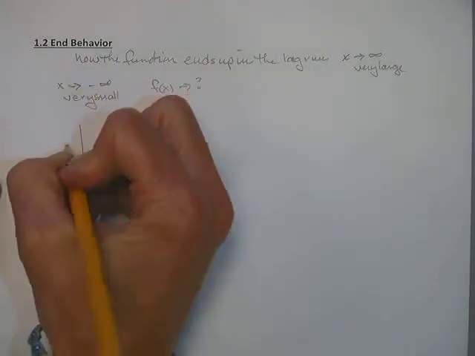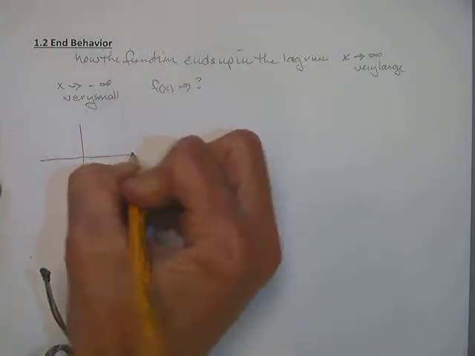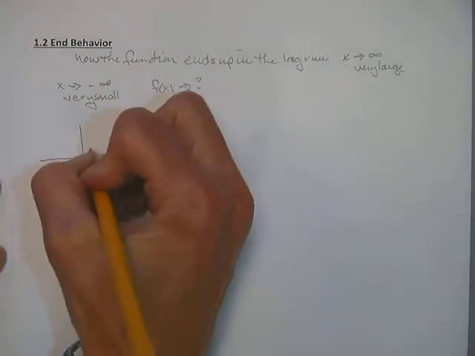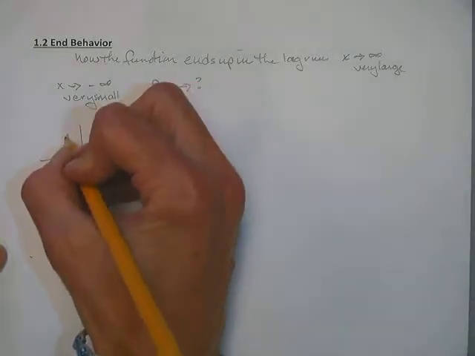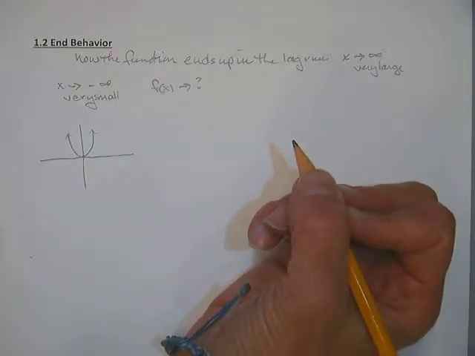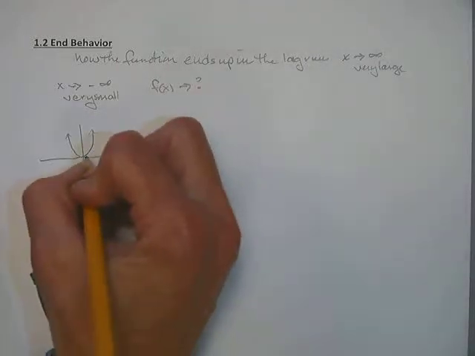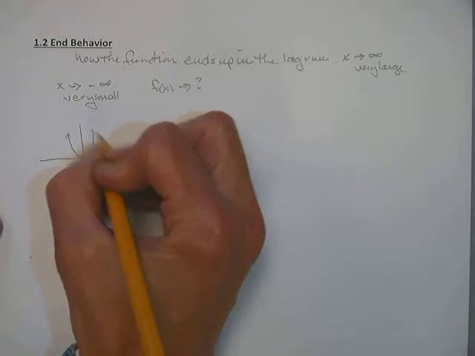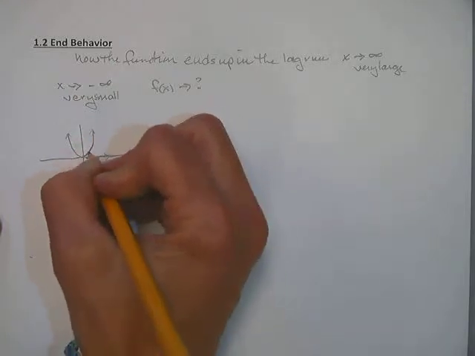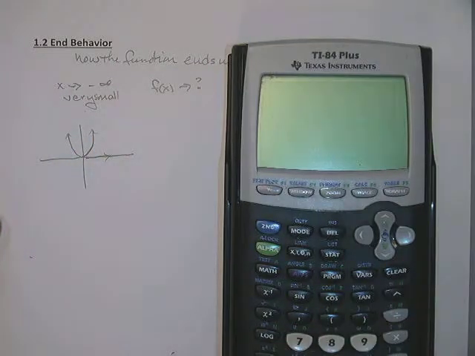In my first example, I've got a graph, and it looks like this. We know that this is similar to a parabola. As x gets bigger and bigger, where does the function go?